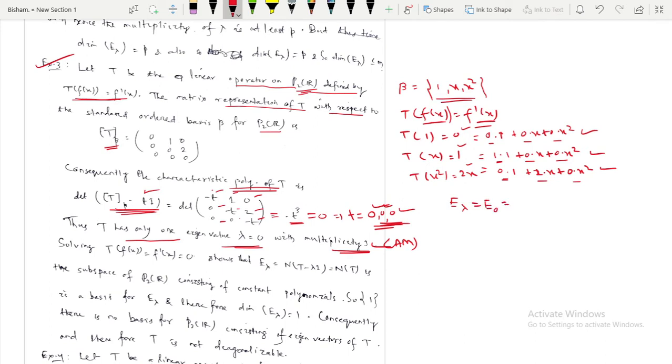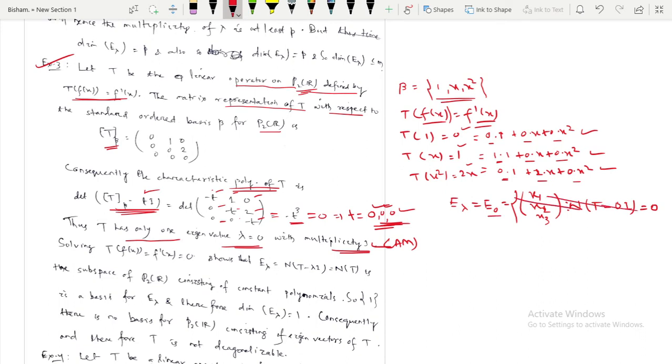These are those vectors x1, x2, x3 in the null space of T minus 0 into I. This is the null space, this is the eigen space.